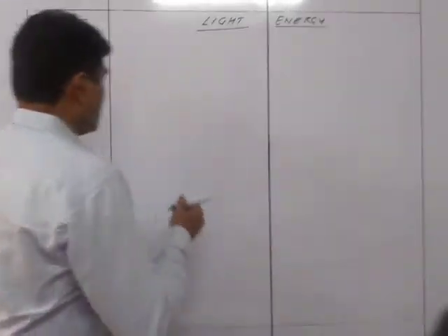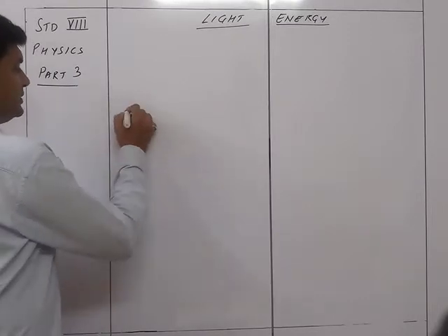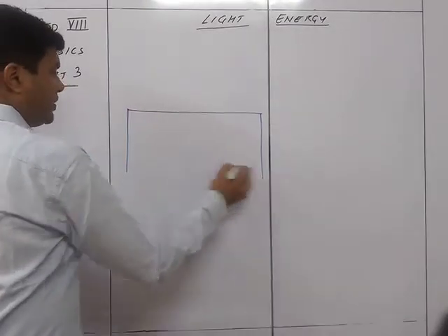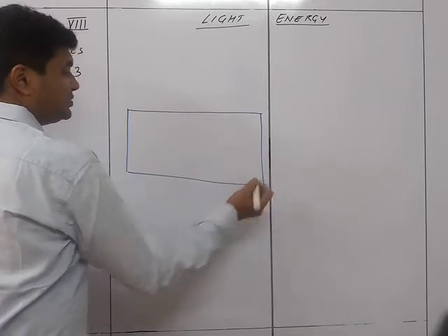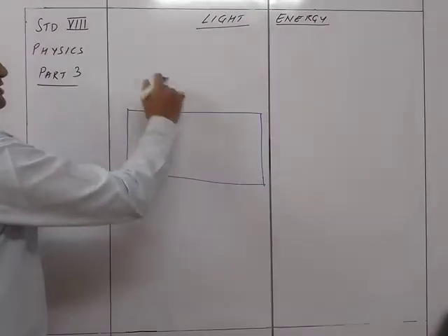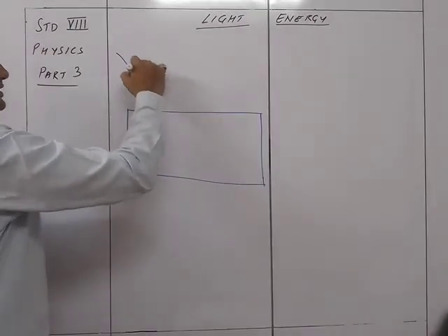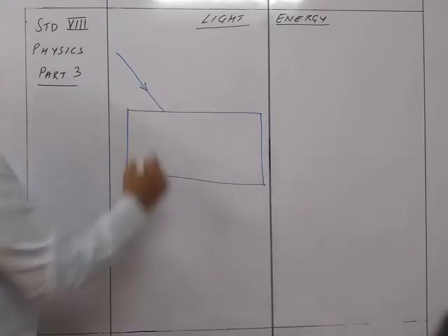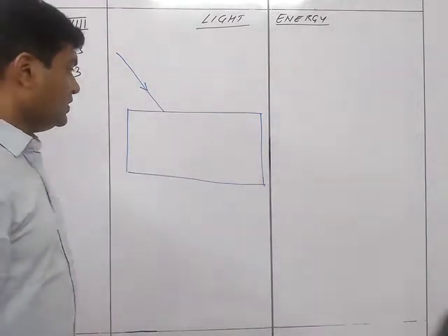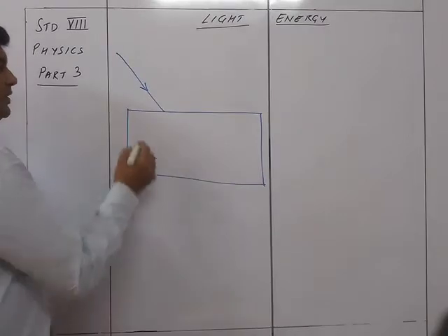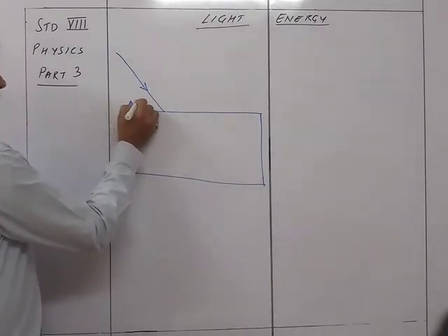So what is a rectangular block? It is just a simple rectangular block. Now we are not going to draw a three-dimensional figure. We are just going to consider that the upper surface is where the ray of light, that is the incident ray, is going to fall on this particular place like this. If I see the figure, I know that this part is air.